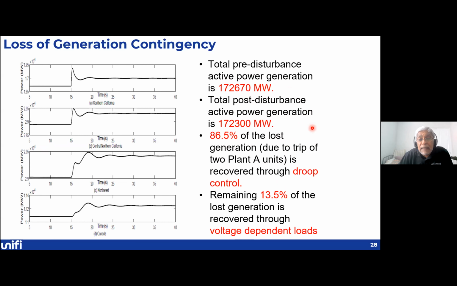So basically, this control reacted very well to the changes in the system. The surrounding areas supported the area in need very actively, and flow all the way from the northwest through Northern California, and Southern California was able to meet the requirement.